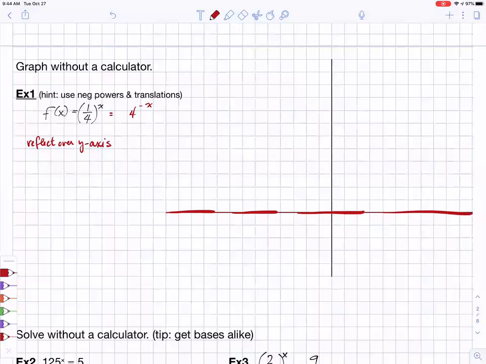Now, so let's take 0, 1, which we'll say is right here. Okay. Reflect it over the y-axis. What does it look like now? It looks like 0, 1. Reflected over the y-axis, right? It doesn't look any different. Okay, so let's put here 0, 1.